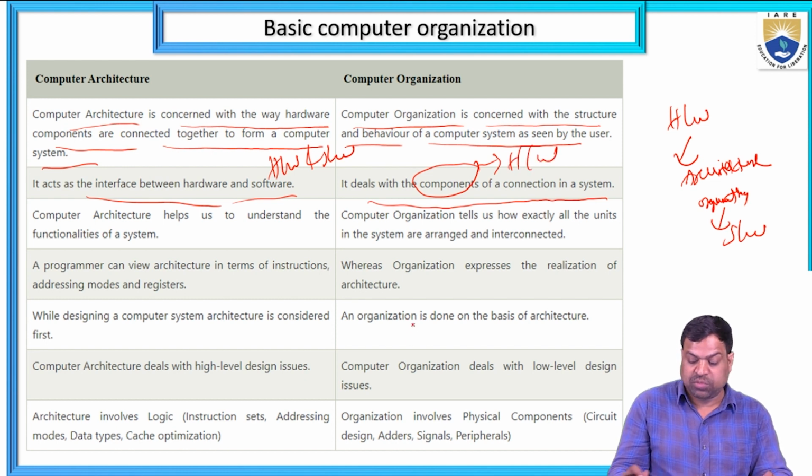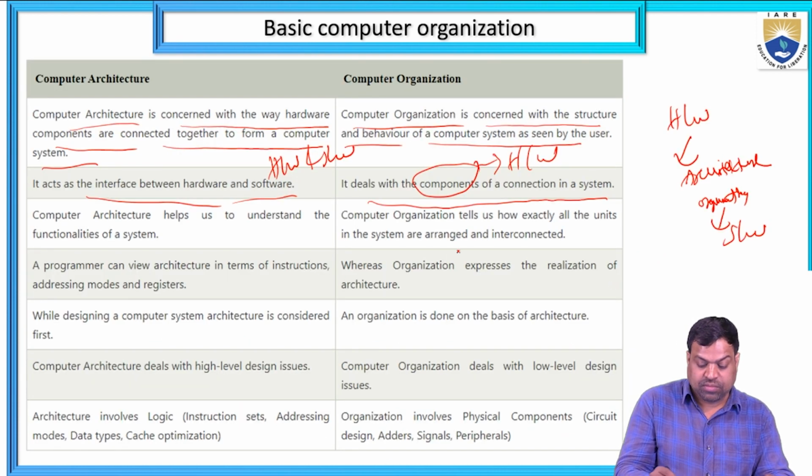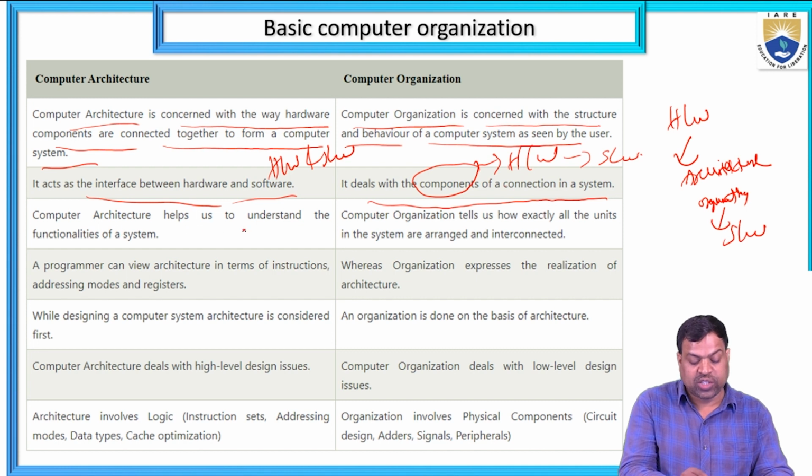Architecture means the hardware point of view. These components are related to the software. So, interfacing between the hardware and software, computer architecture helps us to understand the functionality of a system.